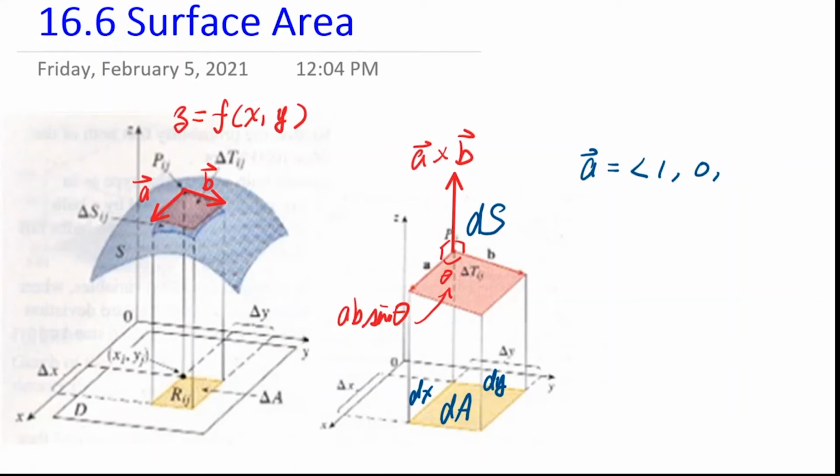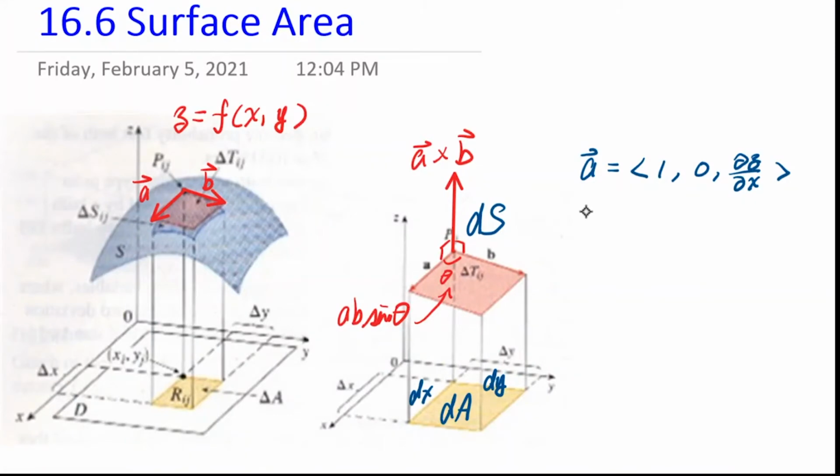Slope, think slope. What is the slope in the x direction? dz dx. Partial derivative. Yeah, this partial derivative. That makes sense to you? While x varies by 1, your z elevation changes that much. Who's confused about this one?